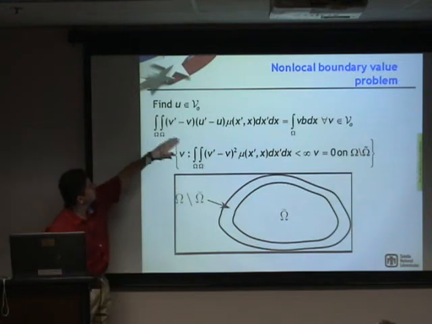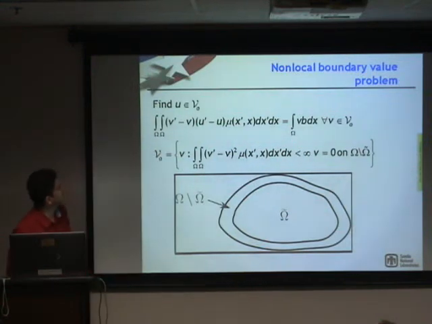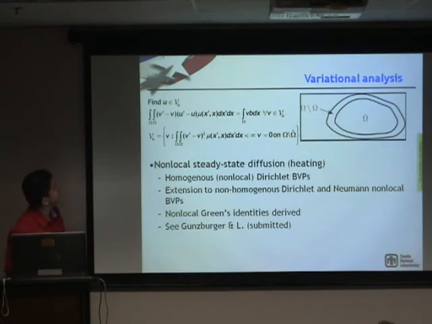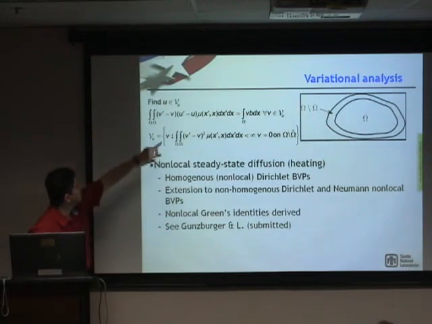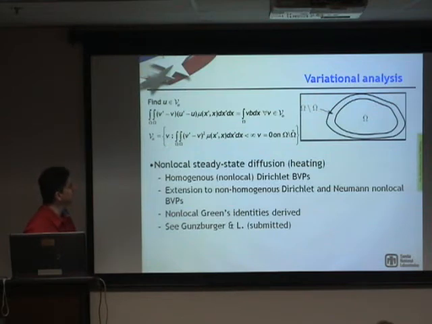And so what is this object over here, okay? All right, so it turns out that if we assume u and v are scalars, okay, and mu is a scalar, okay, then this corresponds to non-local steady-state diffusion, for example, heating. So you can apply these non-local ideas to non-local transport, in particular to heating, okay?